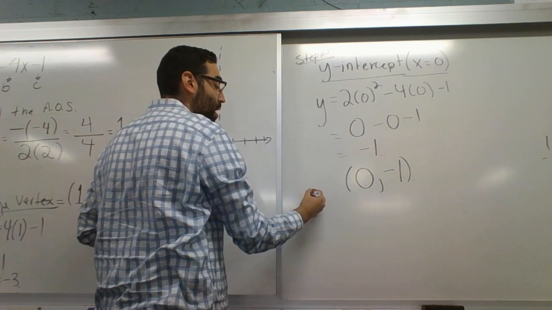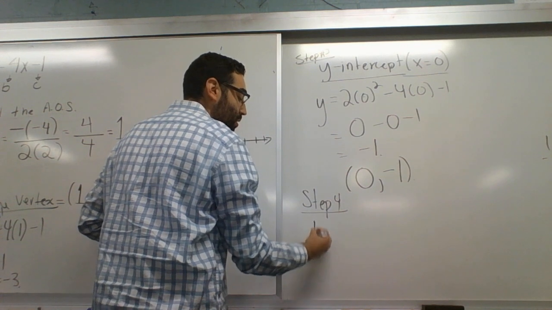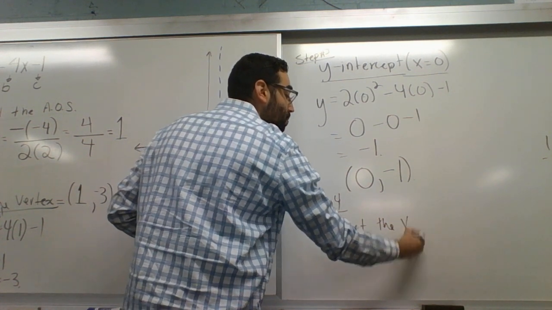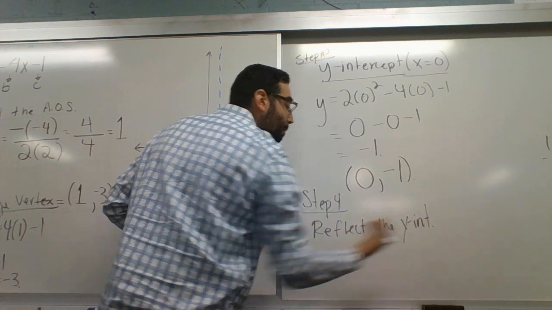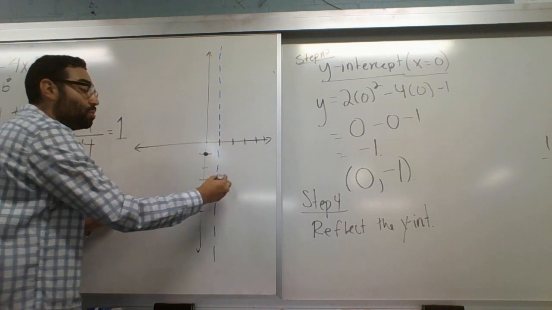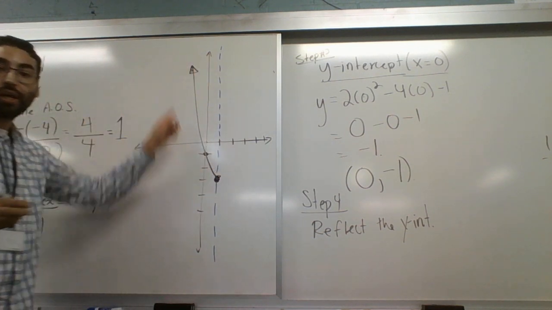My next step after that, step 4, is to reflect the y-intercept. So I'm just going to take this point, and remember that there's this idea of symmetry. When I go to the left, it's going to create this U shape.